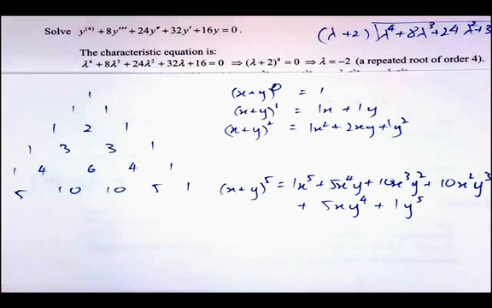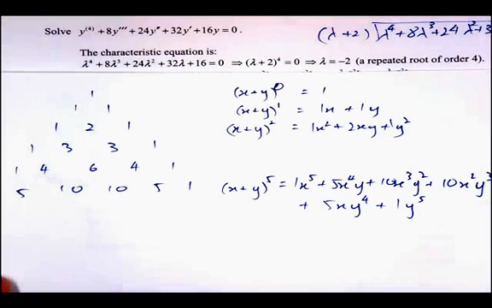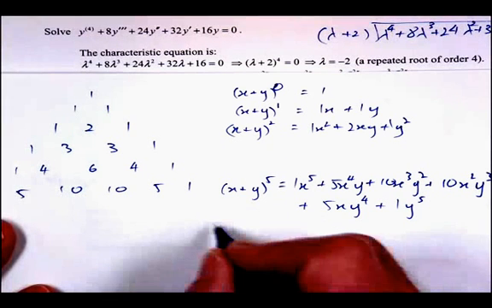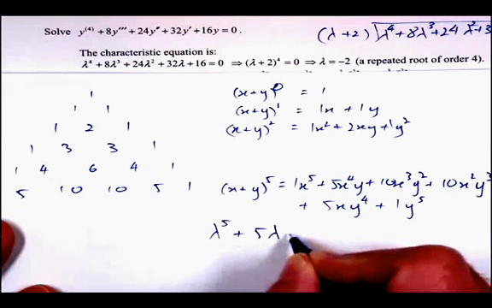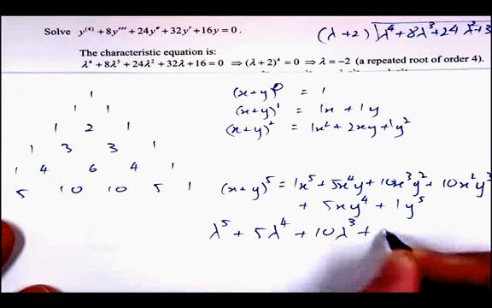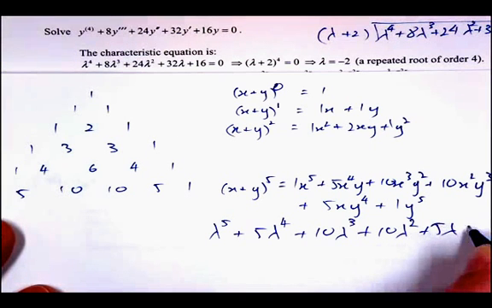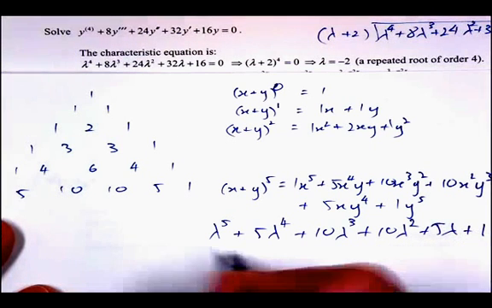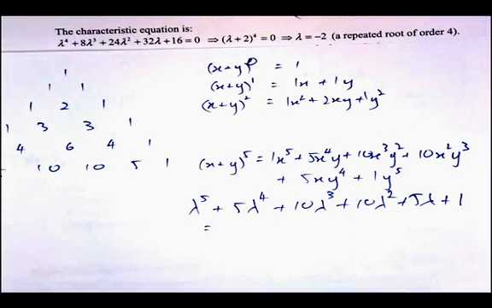Now, if you start to see numbers like these appearing, if you're familiar with Pascal's triangle, then if I gave you lambda to the 5 plus 5 lambda to the 4th plus 10 lambda cubed plus 10 lambda squared plus 5 lambda plus 1, you could say, hang on, I've seen those numbers, the 1, 5, 10, 10, 5, 1.